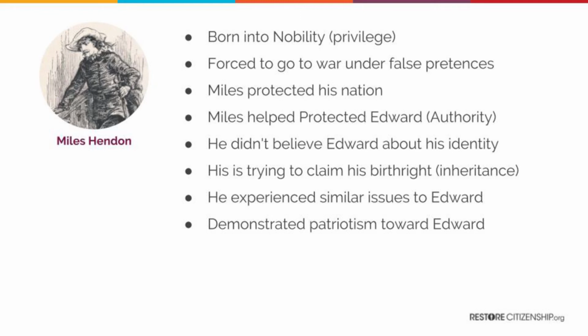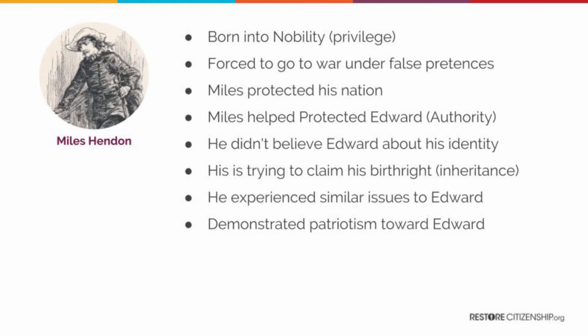In other words, his own people didn't recognize Mills because they thought he had been sold down the tube, and that he was not the person he claimed to be. And that is the same thing that Edward was going through.